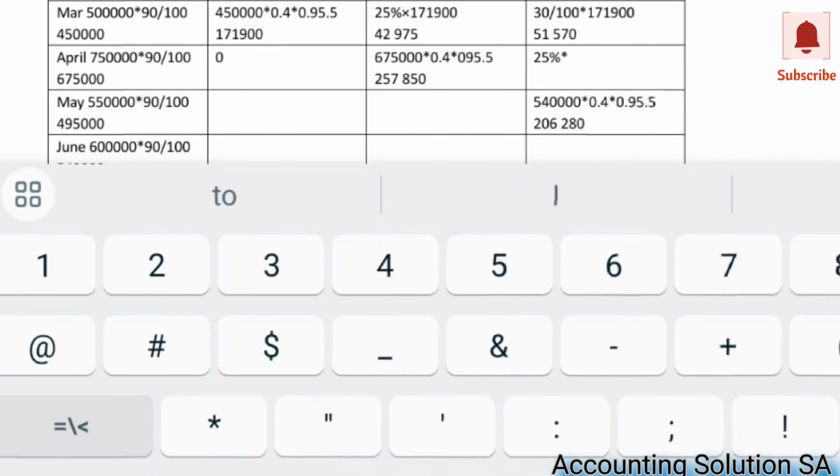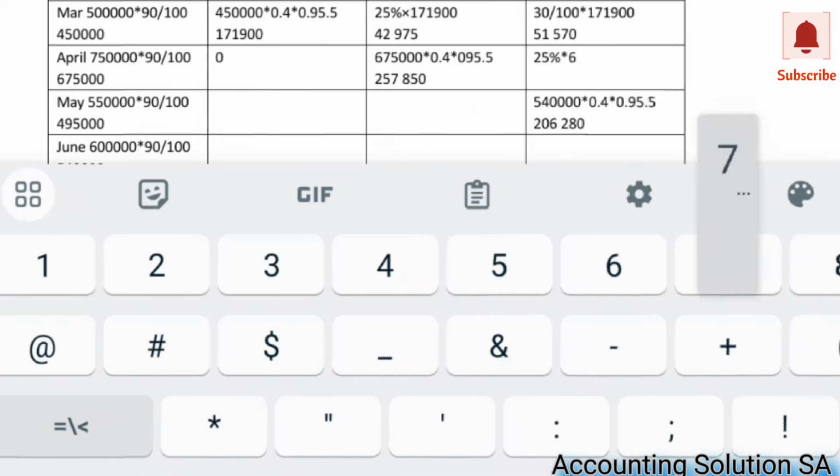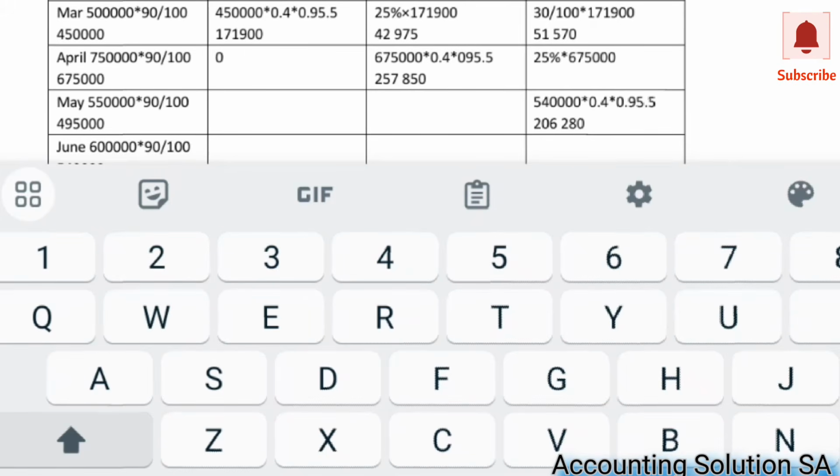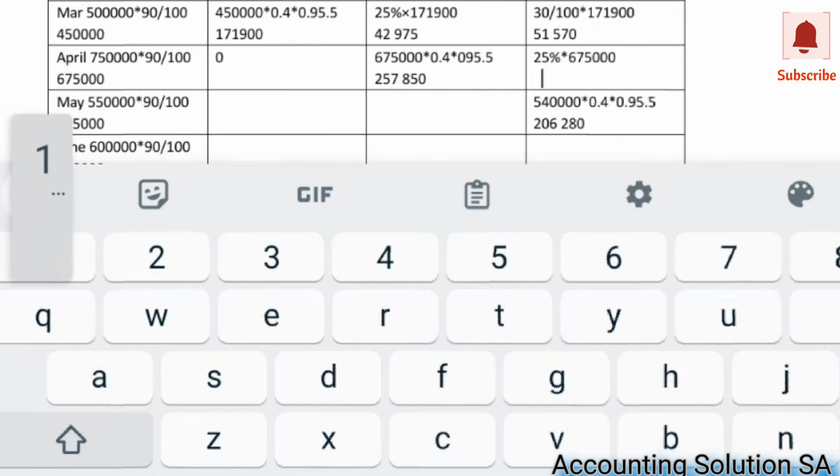The next column is 25%. Then we multiply by 675,000, and it gives us 168,750.